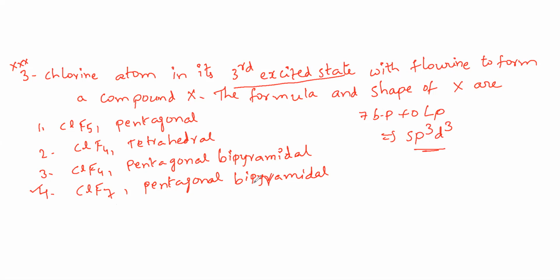So X will be ClF7, and n equals 7 means sp3d3. I hope it is clear. Next question.